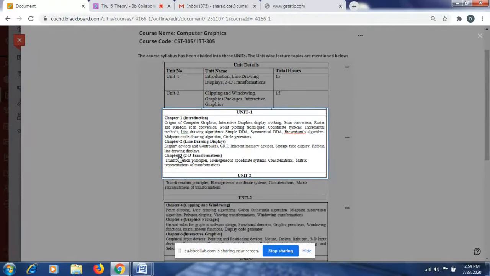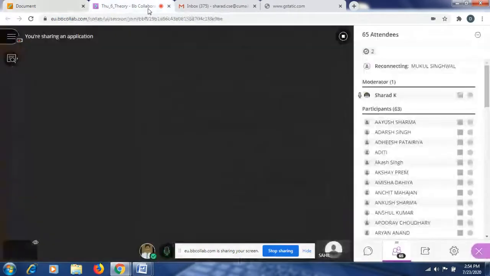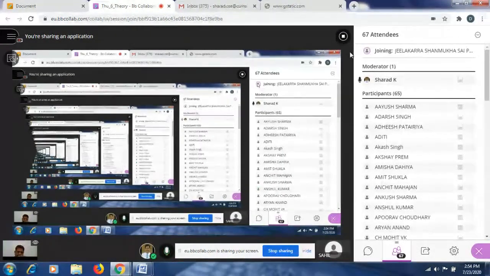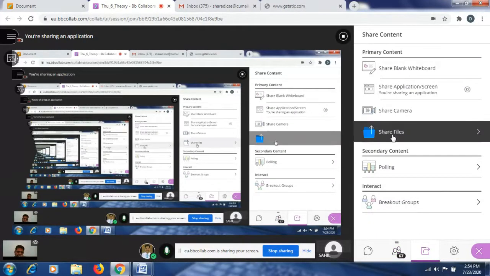Then after the third lecture we will cover the line drawing algorithm and circle drawing algorithm, and the numericals based on them. The third chapter, 2D transformation, is also numerical based, and there is matrix representation, and you can apply matrix multiplication operations during the transformation. So if you have any doubt in the syllabus, you can ask.